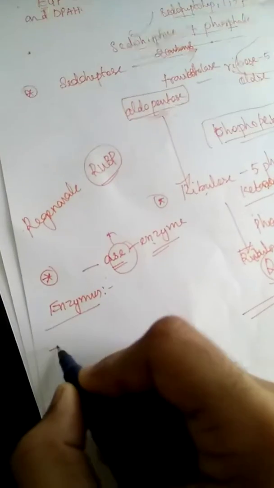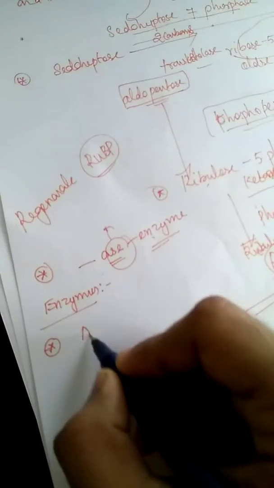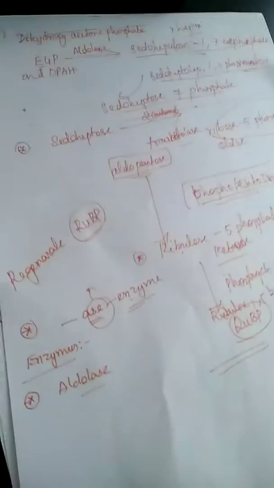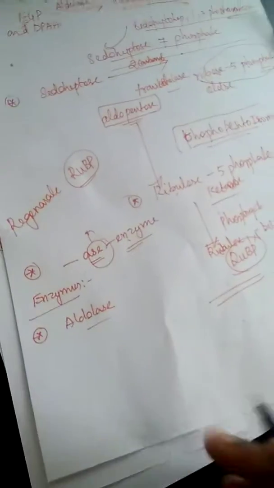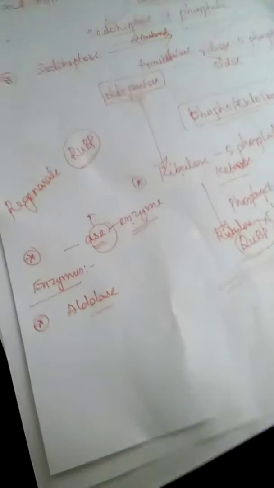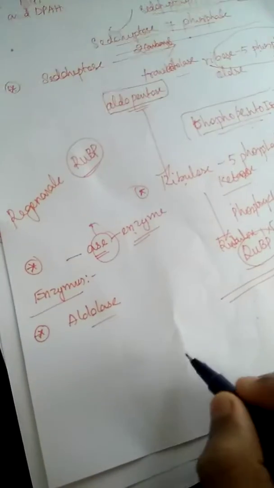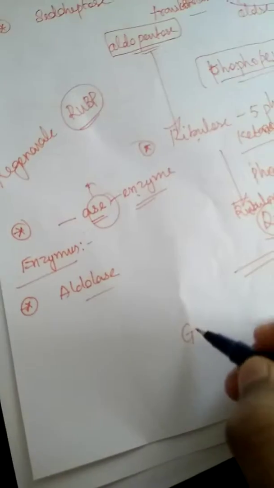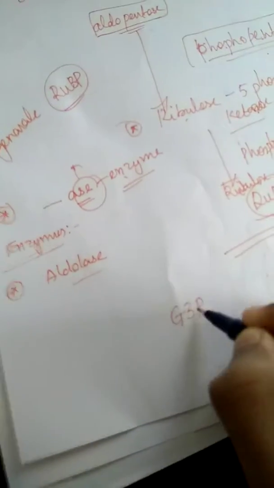In the first step, we use an enzyme called aldolase. What's the function of this enzyme? The first step involves the conversion of this into this.